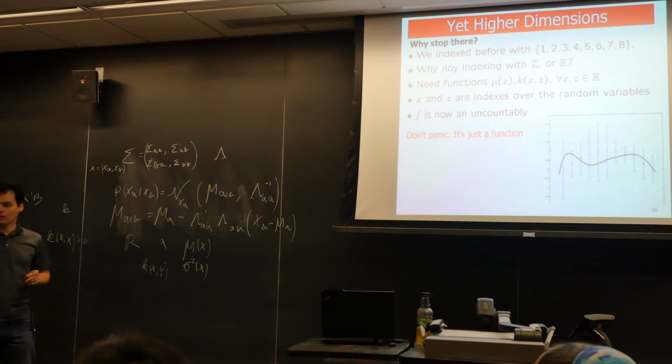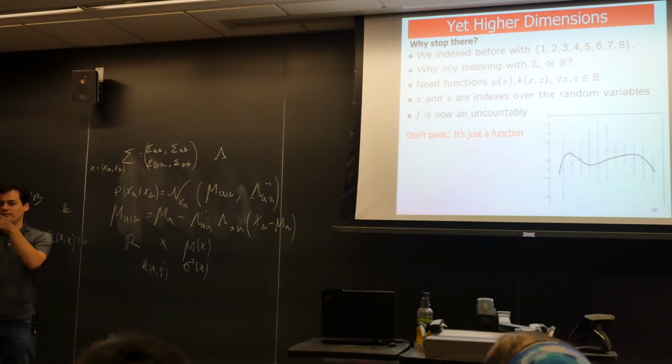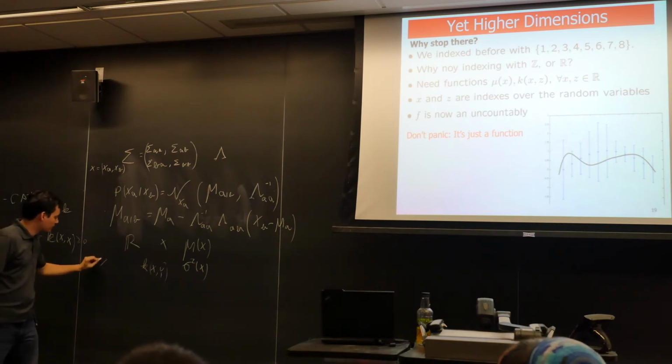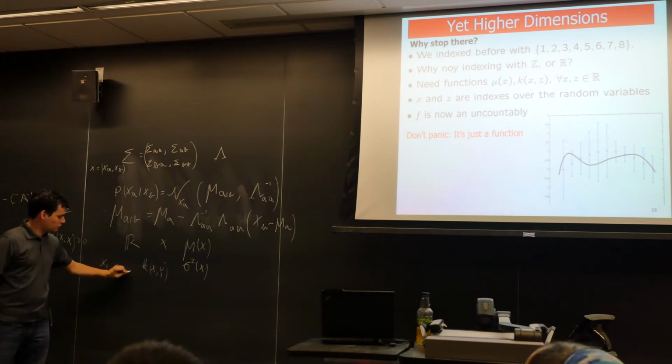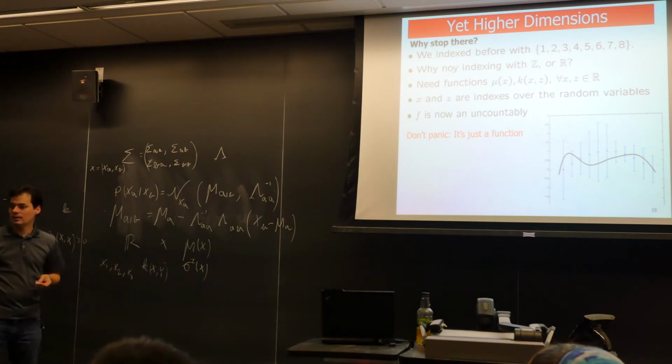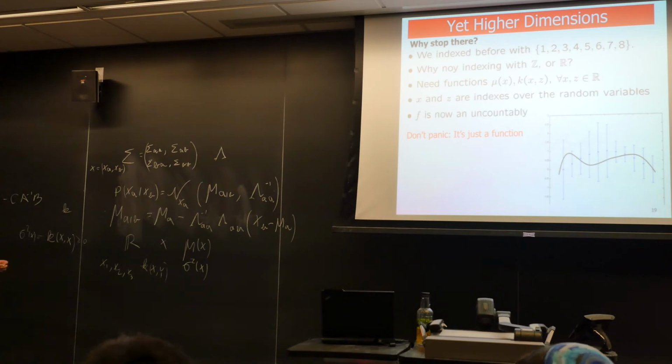Another property: if I fix any finite number of indexes, for example x1, x2, x3, then I can calculate a so-called gram matrix where the elements are k(x1, x1), and so on, and in the i, j place, it's k(xi, xj). Let's call this the gram matrix.